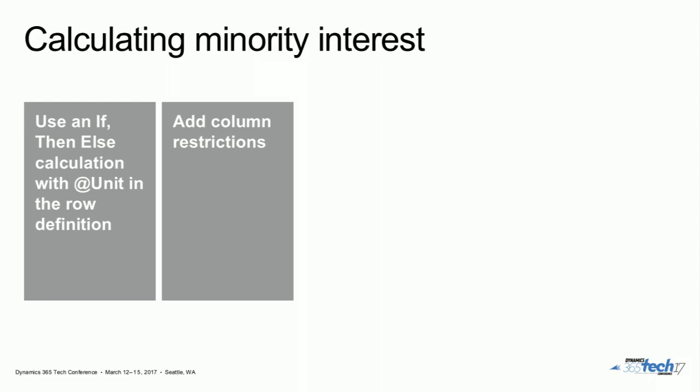We get a lot of requests where people want to specifically see that minority interest on a special line. And so we're going to use an advanced calculation in this example. So if you're not used to financial reporting, you might get a little deer in headlights look, and that's okay. If you're used to financial reporting a lot, this will make a lot more sense to you. So let's go ahead and look at minority interest.